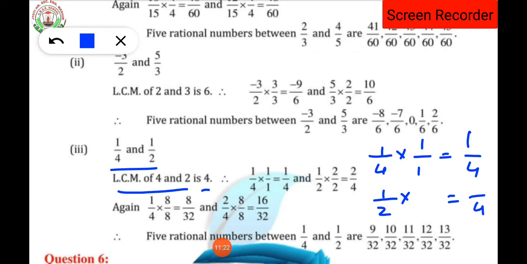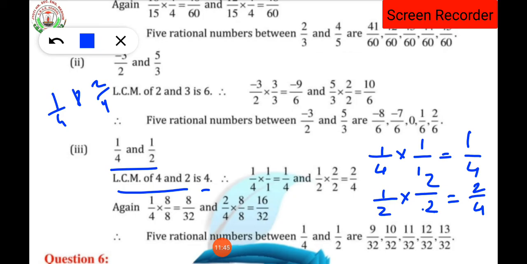That will be multiplied by 2, and the same 2 will be multiplied with the numerator also, so we get 2 by 4. Now between 1 by 4 and 2 by 4, how many rational numbers will there be? That is 1 by 2, half.